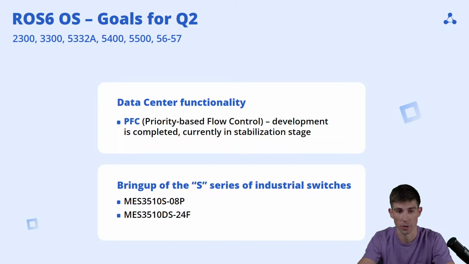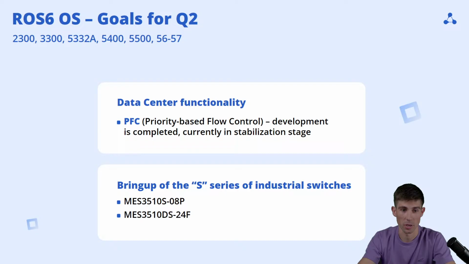When traffic congestion is detected and it's about to disrupt the traffic flow, this technology would send what we call a pause frame to notify that there is a traffic congestion. Please don't stop sending traffic.